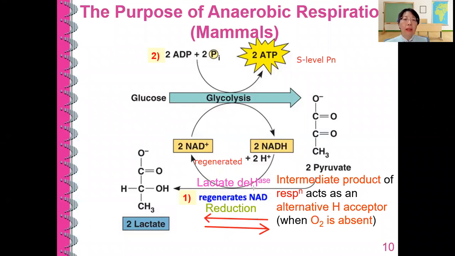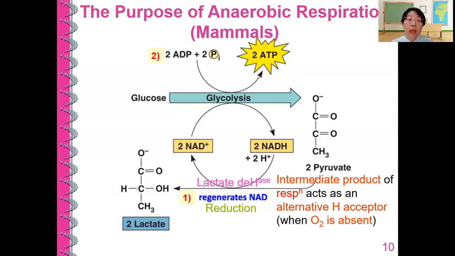So why the name of this enzyme lactate dehydrogenase? Something is wrong somewhere, right? Do you notice that? Now I'm going to tell you, because there are two different lactate dehydrogenases. One lactate dehydrogenase catalyzes the reaction to the left side. Another lactate dehydrogenase catalyzes the reaction to the right side. So that's why I think they name it differently, lactate dehydrogenase 1, lactate dehydrogenase 2. 1 and 2 are different things.